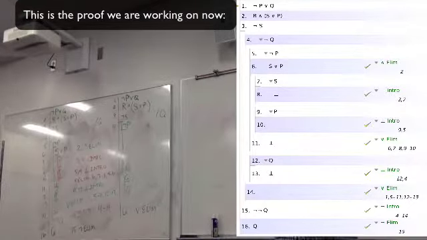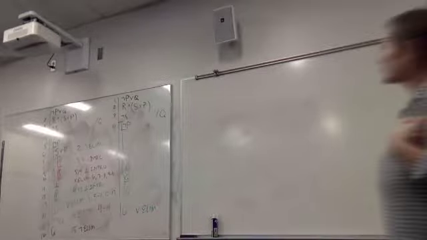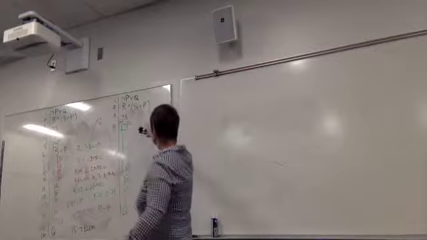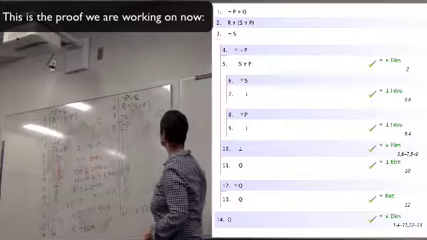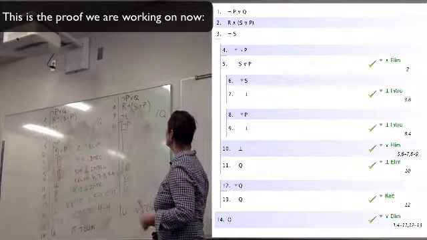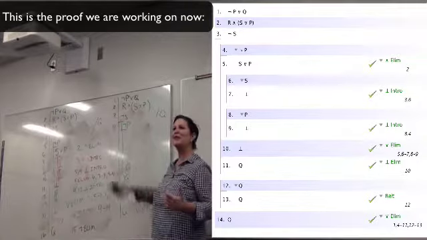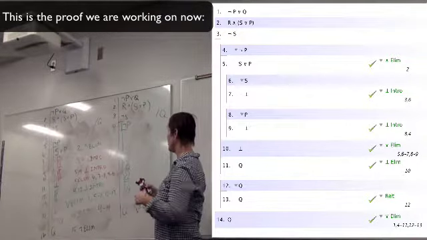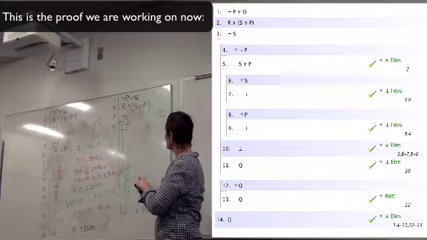Let's now move on to the second version of the proof for the conclusion Q, right? So remember what we set up, disjunction elimination. What are you thinking now, now that you saw what we did in the first proof?